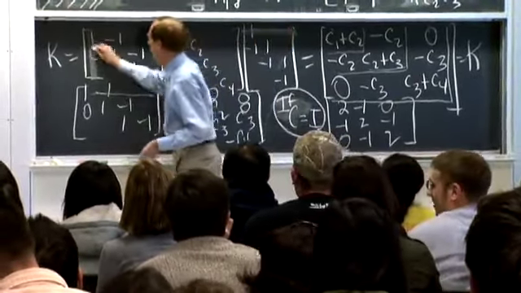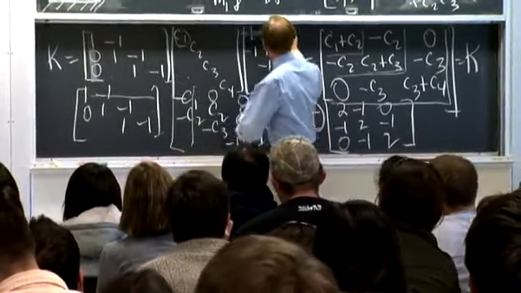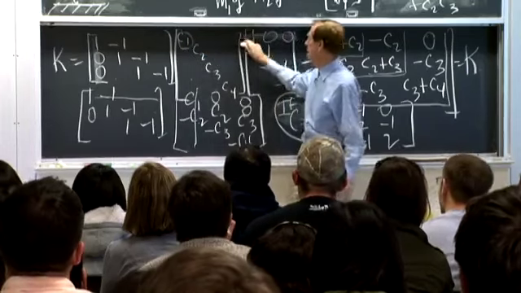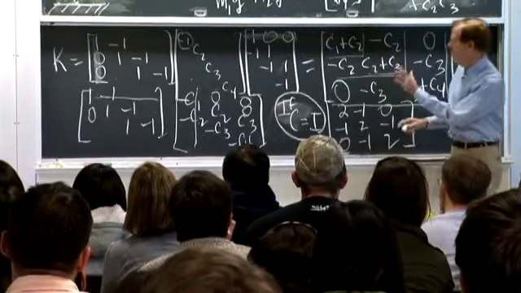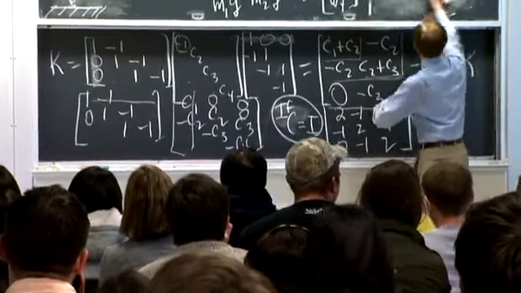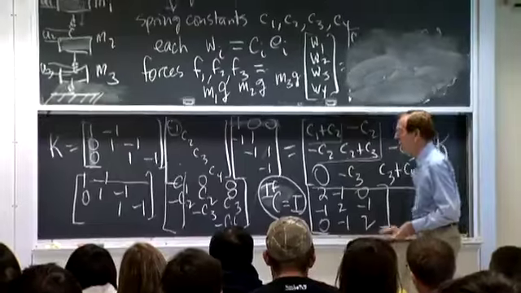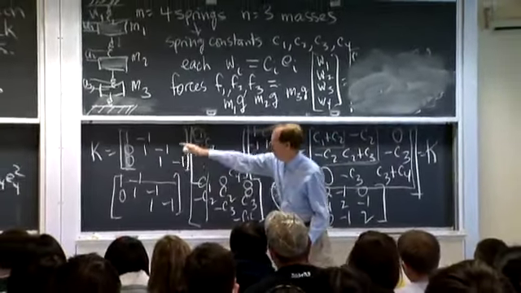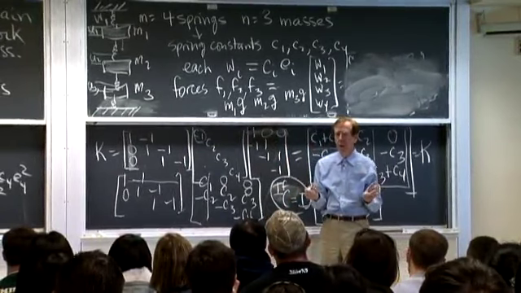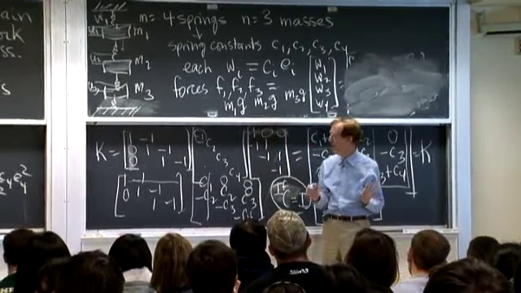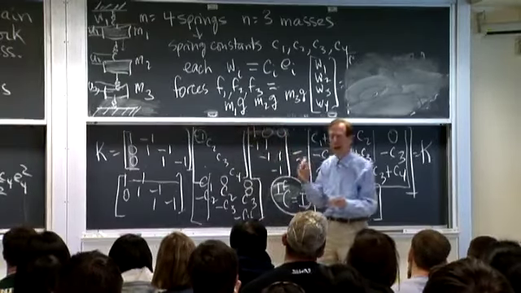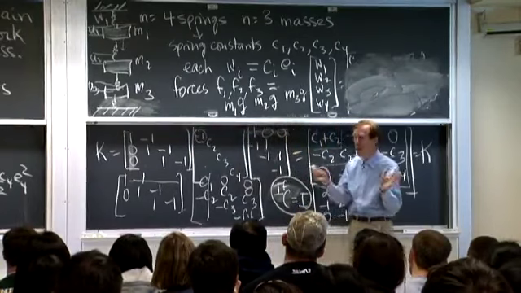You might say, okay, what do I get from column 1 times that number times row 1? Can you do that multiplication mentally? First of all, what shape will the answer have if I multiply a 3 by 1 times a 1 by 3? 3 by 3, it's a full matrix.